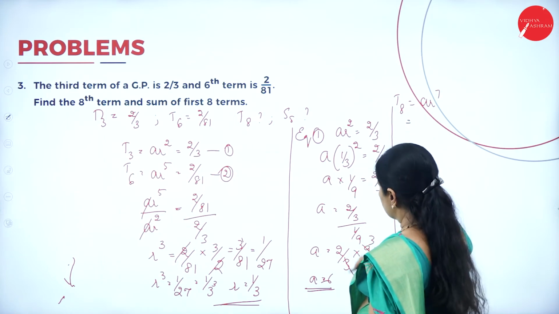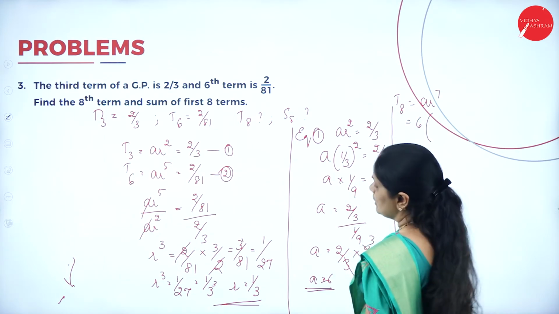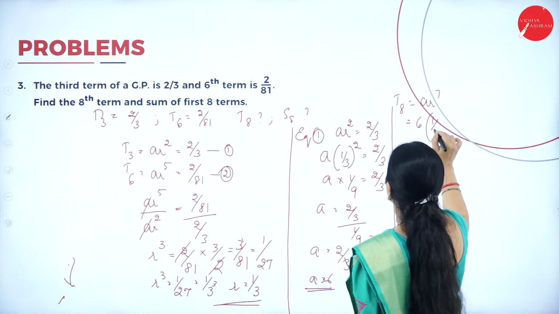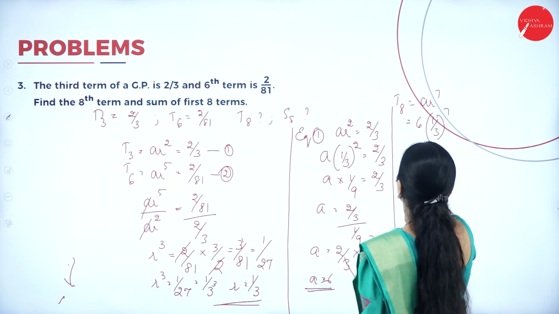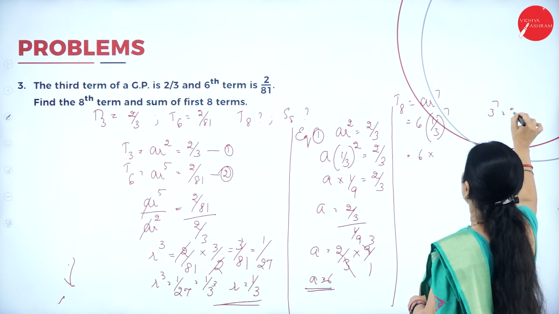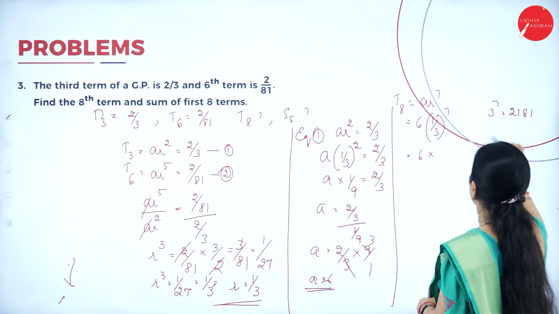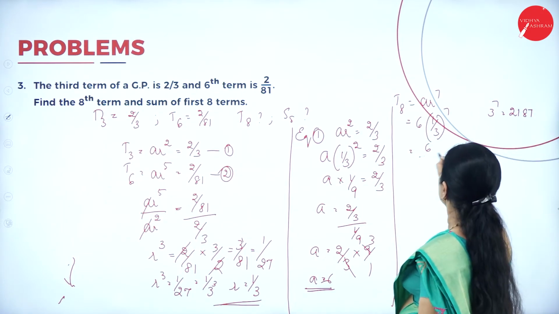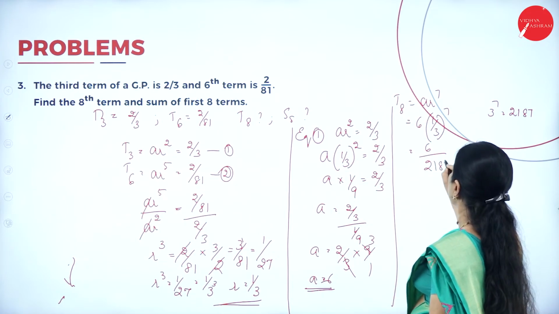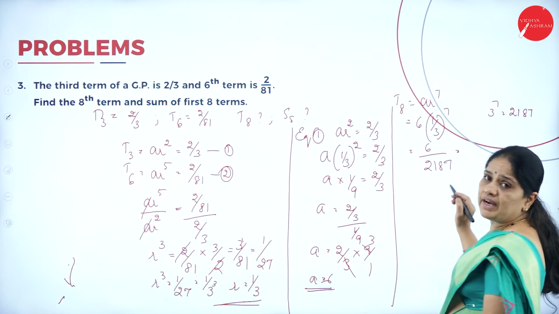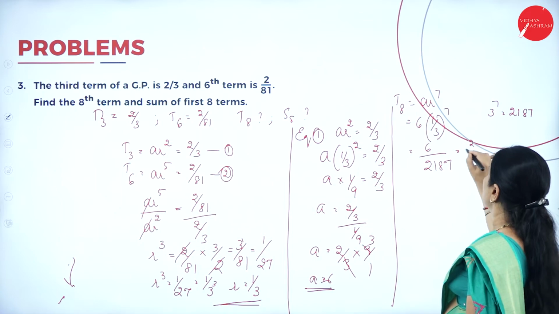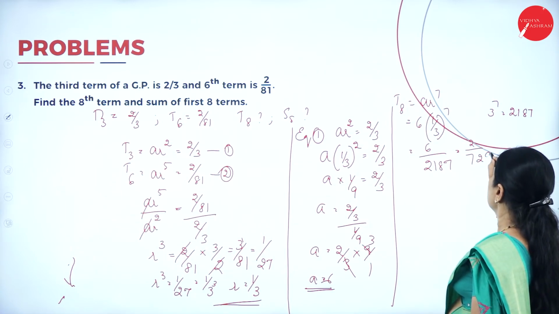What is A here? 6 into R to the power 7, R is 1 by 3, so 1 by 3 to the power 7. 3 to the power 7 equals 2187. So 6 by 2187. When we simplify this number, I get 2 by 729.